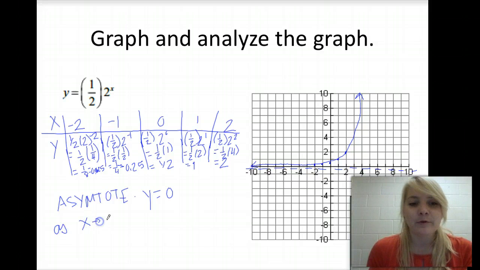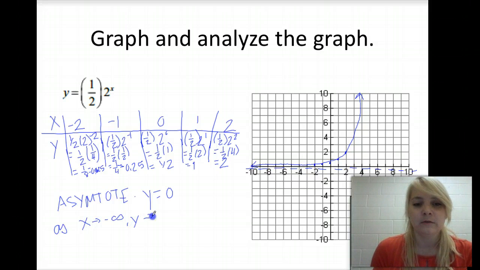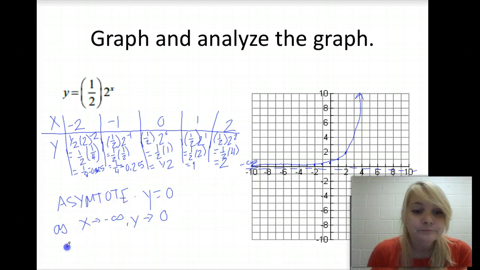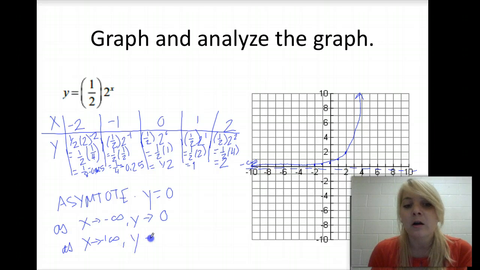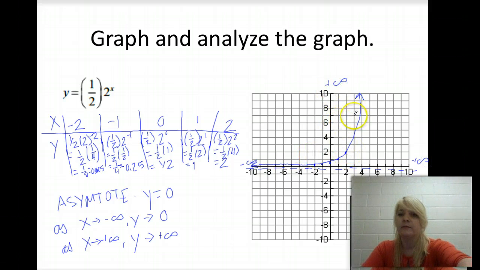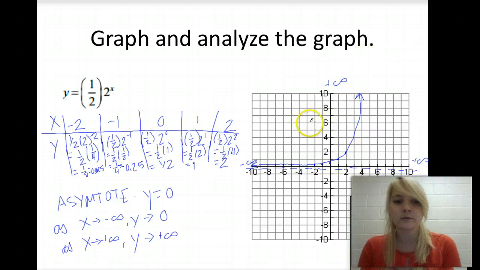As x approaches -infinity, y once again is approaching 0. So as x moves to the left, our y values are going to 0. And as x approaches positive infinity, our y value once again is approaching positive infinity as well. So as the function moves to the right, our y values are increasing.